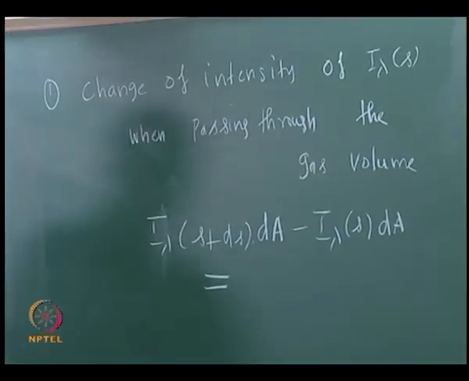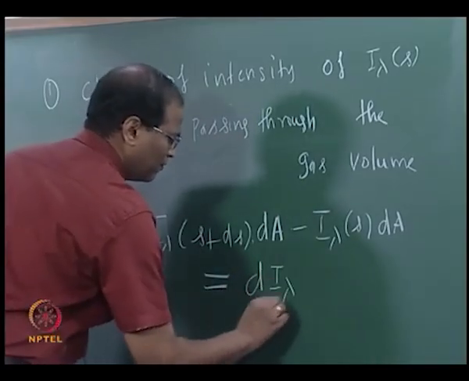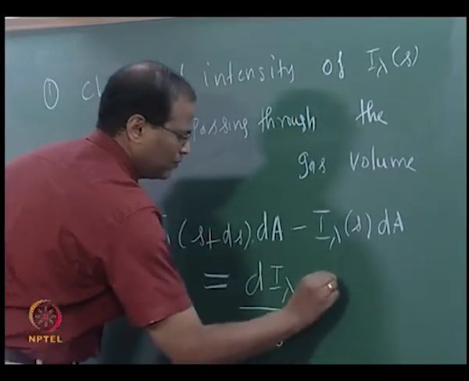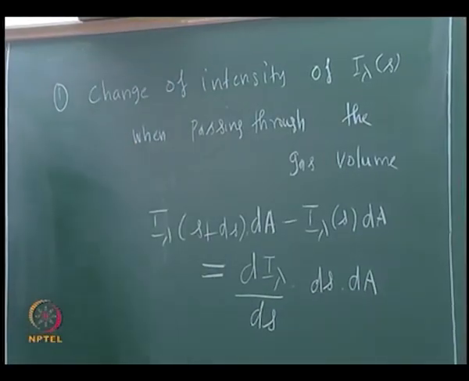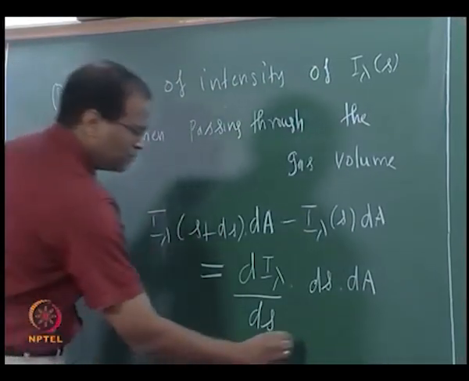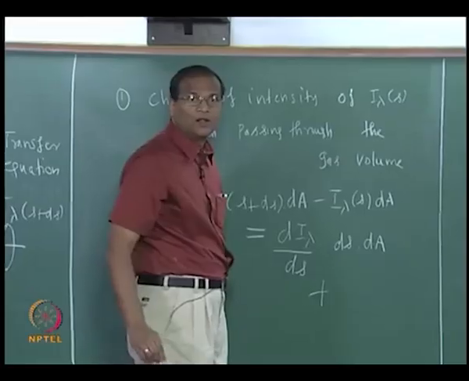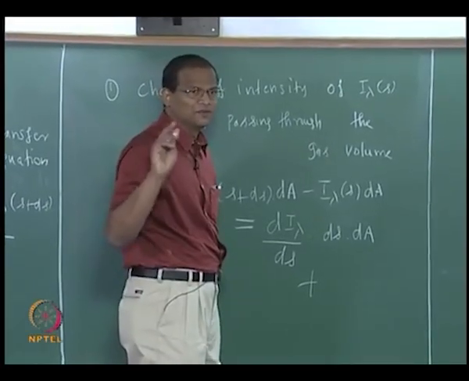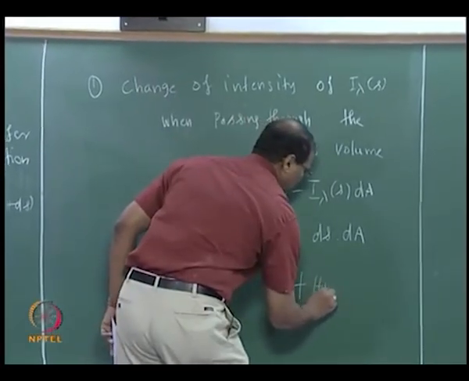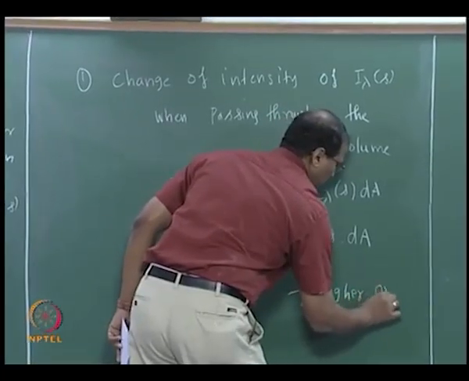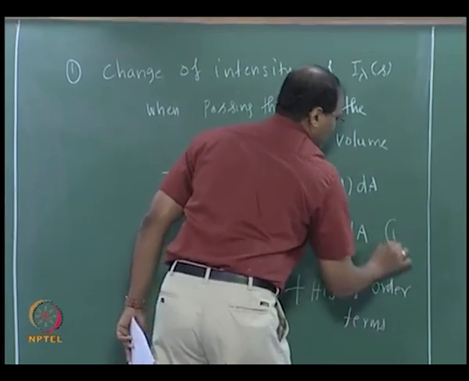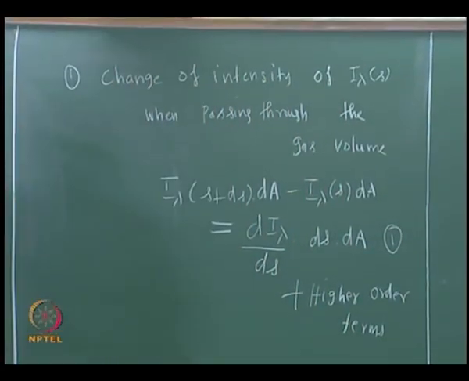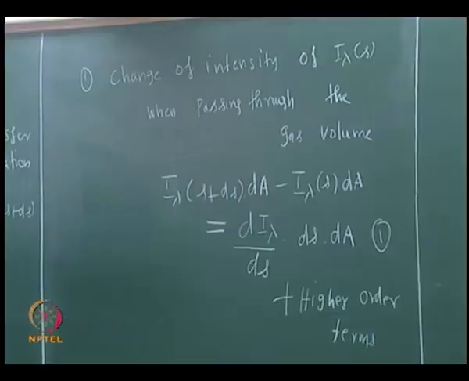I lambda plus dI lambda by ds times ds, plus higher order terms. We set the higher order terms to 0. That is the error associated with this approximation. If ds is very small, this approximation is alright.